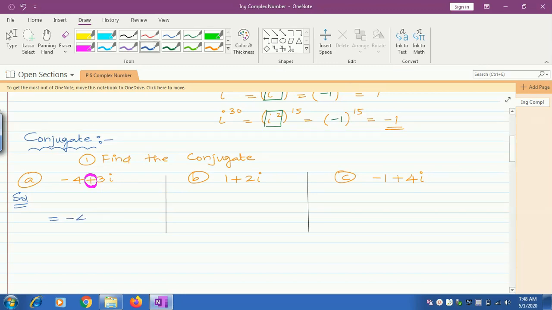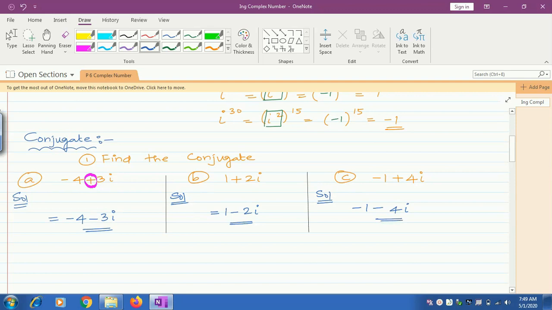Since I write minus 4, and plus is there, therefore minus 3i. That's it. This is the conjugate of the given complex number. Similarly here we have 1 plus 2i, therefore it is 1 minus 2i. And the last one, minus 1 plus 4i, change the sign, so you will get minus 1 minus 4i.